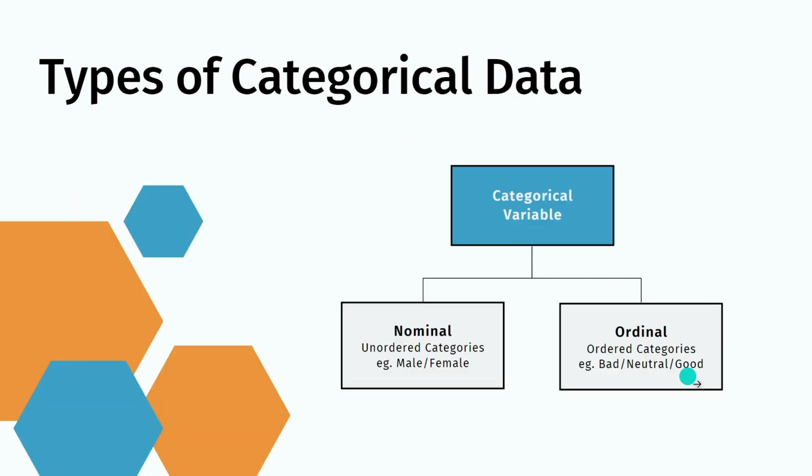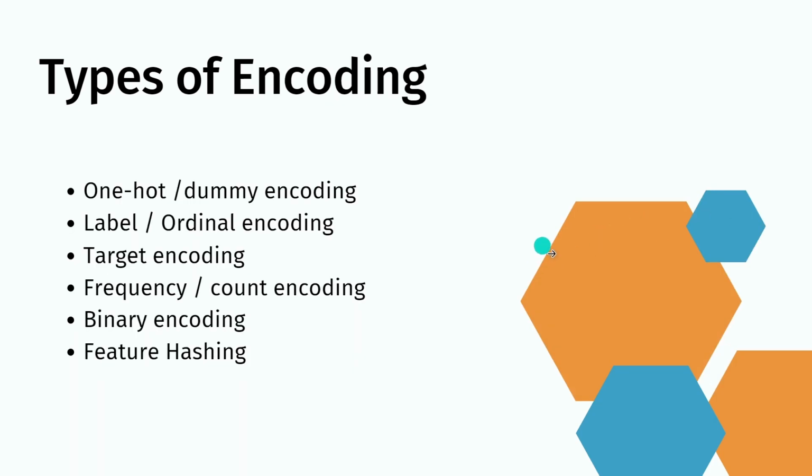But like I said, for ordinal we'll try not to use one hot encoding. It is better to use ordinal or label encoding. This was just an example, and it also depends upon the data set what encoding you should use. Label or ordinal encoding are similar, and you can almost call them the same. They have minute differences, but basically they give labels to the categories.